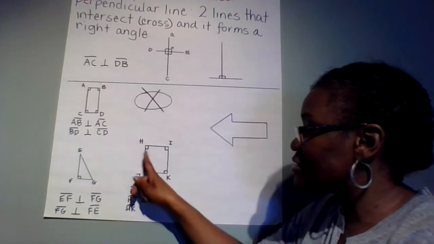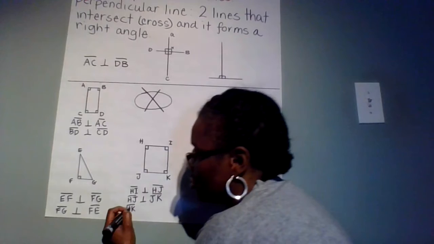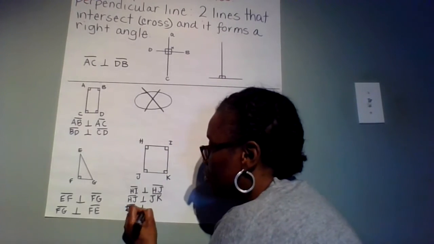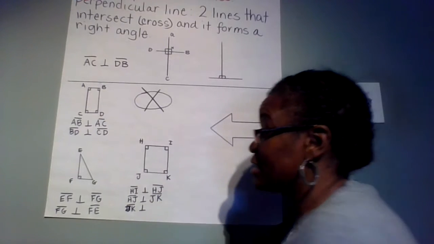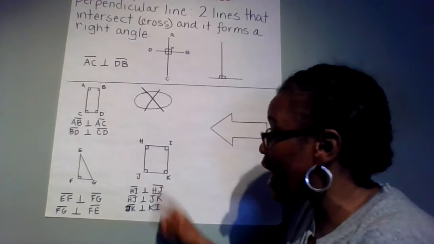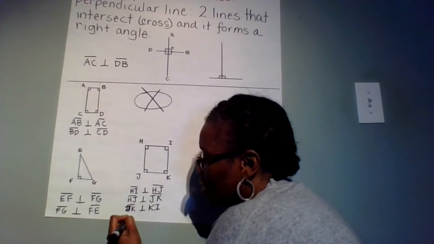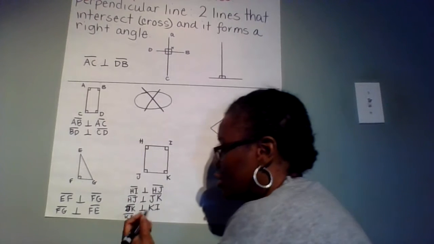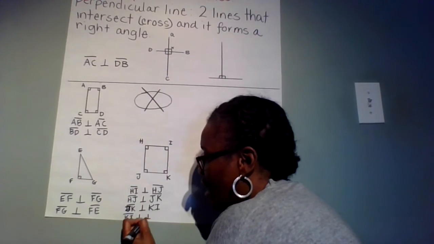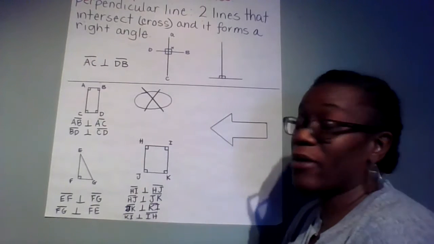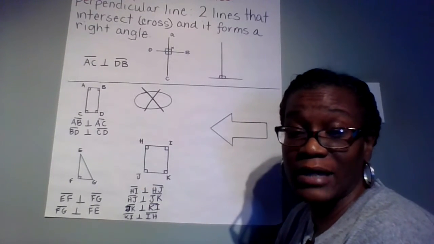And now I can say that JK is perpendicular to KI. And last but not least, KI is perpendicular to line IJ. And that's how I would write my perpendicular lines.